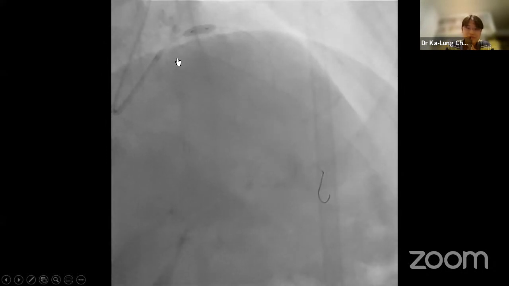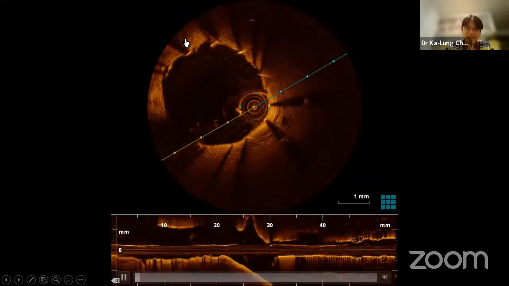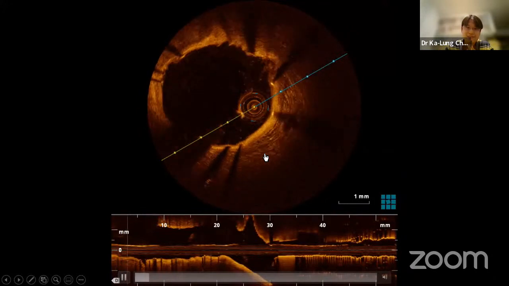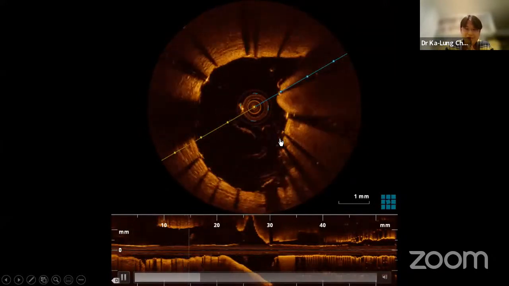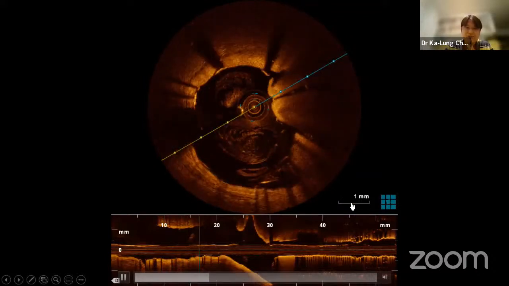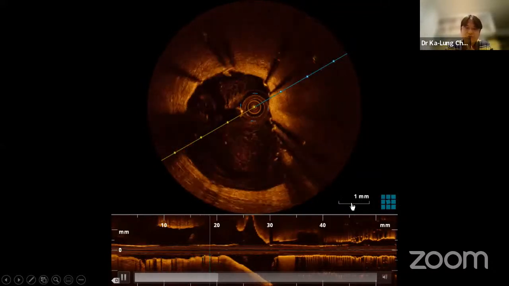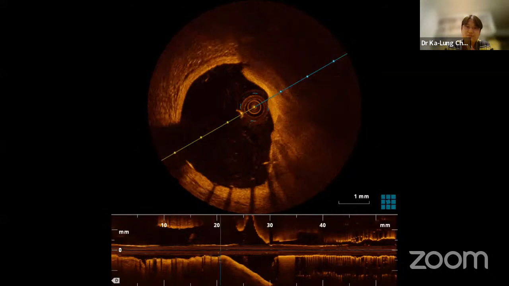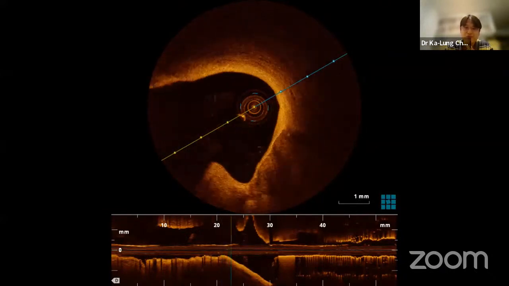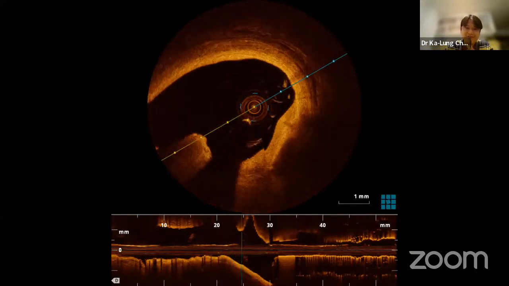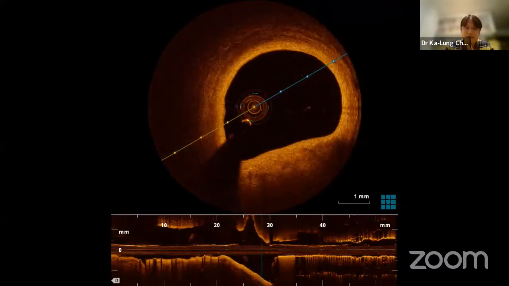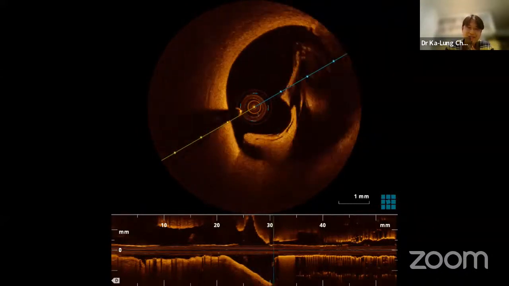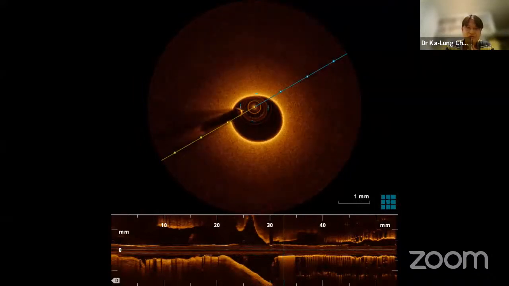We did a 4.0 NC to post dilate, and this is the OCT. You can see in the proximal LAD there is an eccentric calcium nodule, which you would not know from angiogram alone. So I would recommend that if you do OCT or IVUS, you do it both pre and post to maximize its use, because after stenting you have no way to modify it.